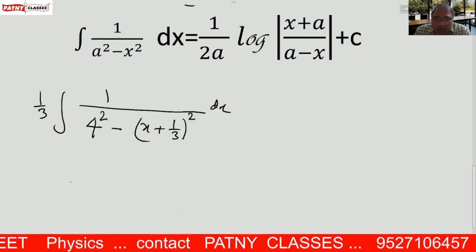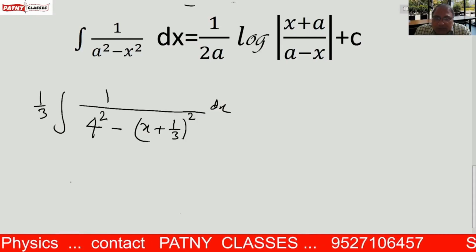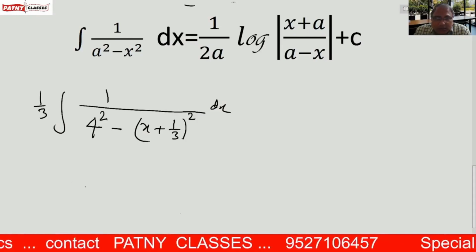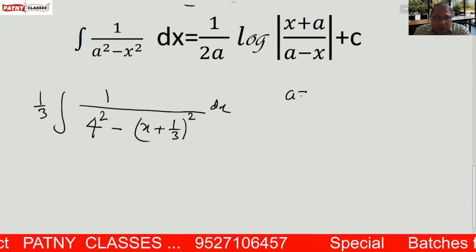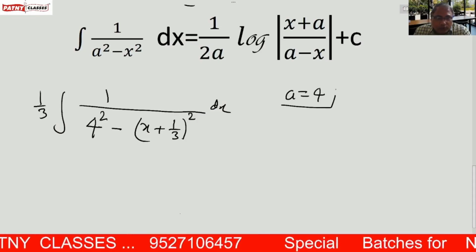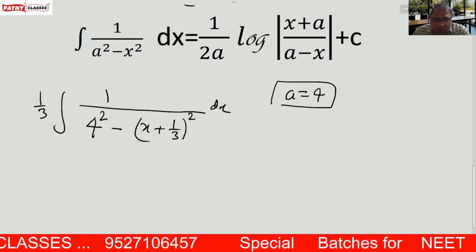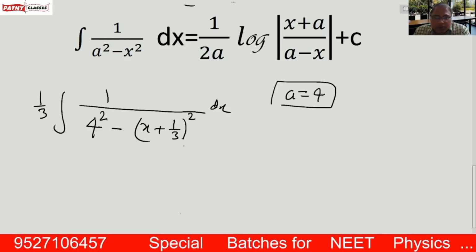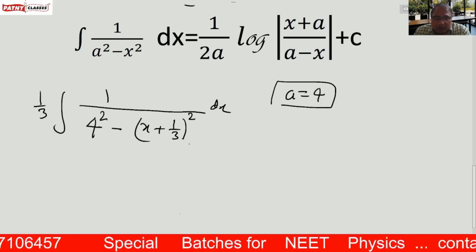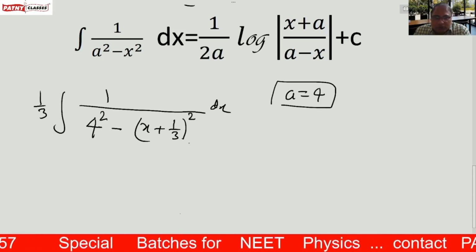Now we know that integration of 1 upon a square minus x square with respect to x equals 1 upon 2a, log of a plus x upon a minus x. Here a equals 4. But here in place of x, there is x plus 1 by 3. It is not in the standard form. First, I wish to convert into standard form.